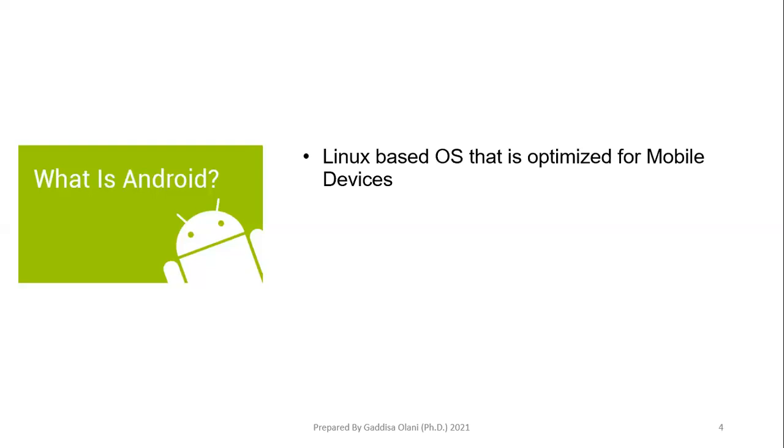Because initially Linux was built for what? PCs, for computers. And when we come to computers, most of the time we don't care about the optimization of the hardware, the screen size, and power-related issues, because most of the time we use a direct cable to provide power to the computer.